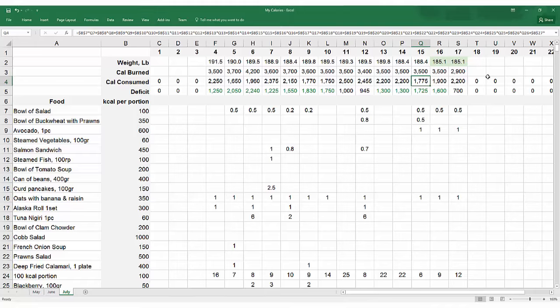And as soon as you reduce the amount of sodium that you consume, your body is going to release a lot of water. And within just a few days, you will notice an insanely huge difference in your body weight, as I did in my case. So I jumped down from 188.4 to 185.1. That's a huge difference. That's a lot of water, folks.